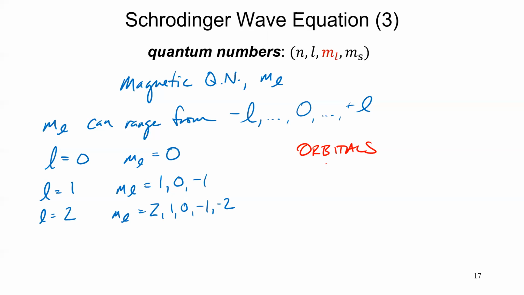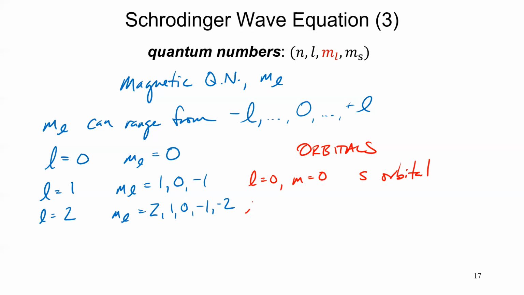And so if L equals 0 and M sub L equals 0, then we're in an S orbital. And because there's only one possible value of M sub L, there's only one S orbital, right?